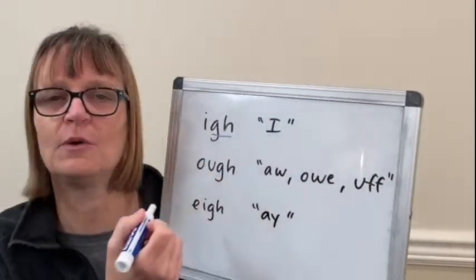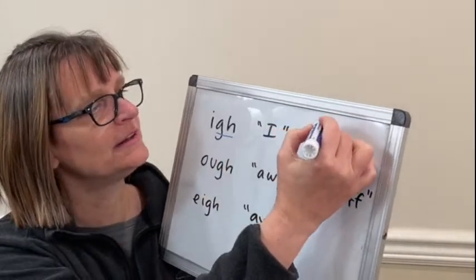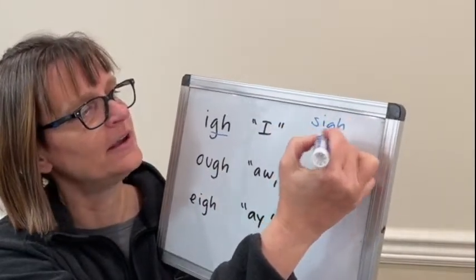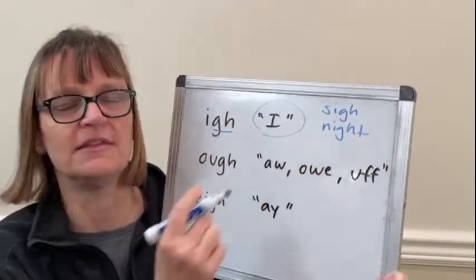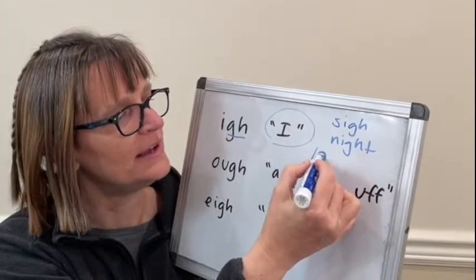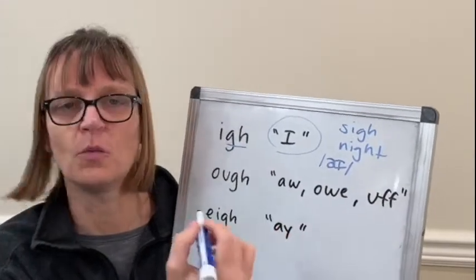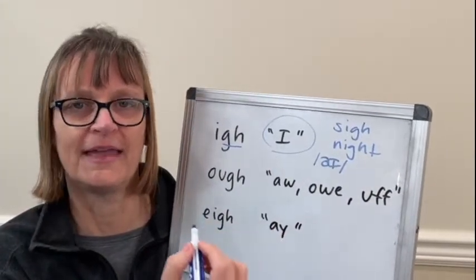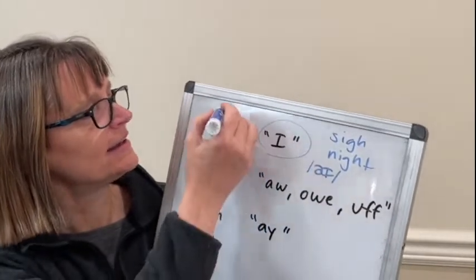So first of all, when we have IGH in the middle or the end of a word, like sigh or night, we usually say this vowel as the I sound. So it's the I diphthong. The other ways we spell that are with an I in the word and an E at the end, like the word like.